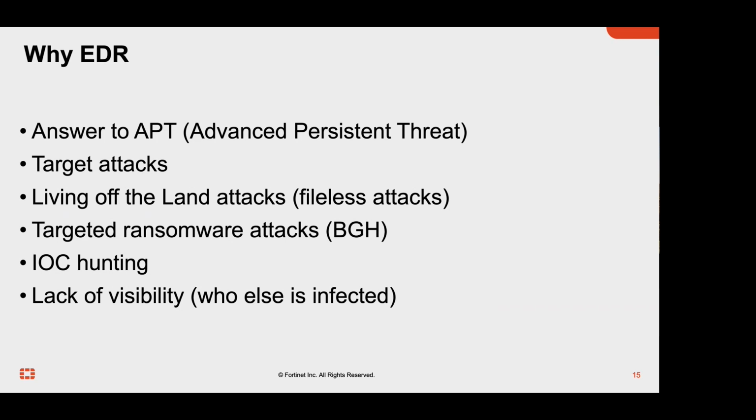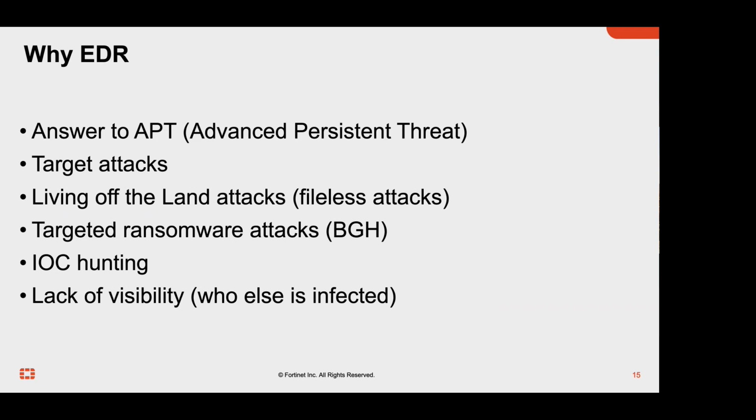Next was the targeted ransomware attack, the big game hunting, which was also really specialized ransomware attacks against specific targets, and goes hand in hand with the targeted attacks. Then IOC hunting was also a huge part, just to figure out what is going on in my environment. Is the client infected? Are there more clients infected? And last, of course, lack of visibility, which even today more or less every customer without an EDR solution, which still relies on EPP as an example, has to fight with.